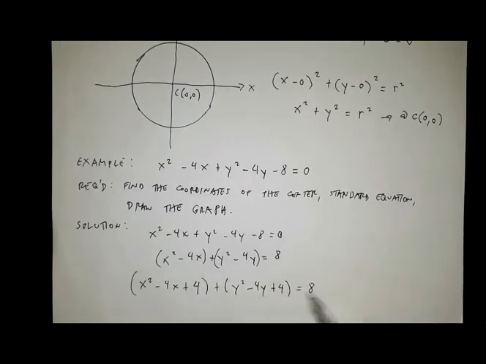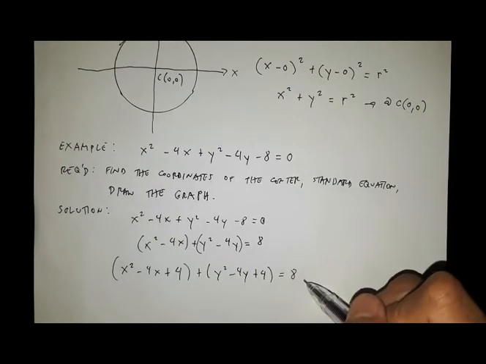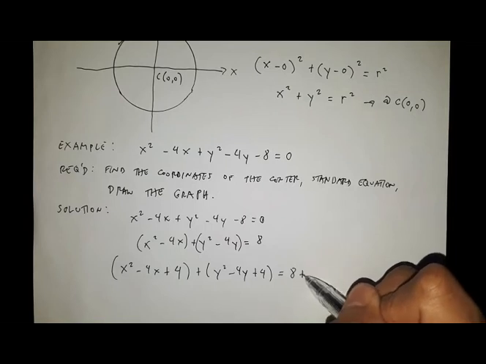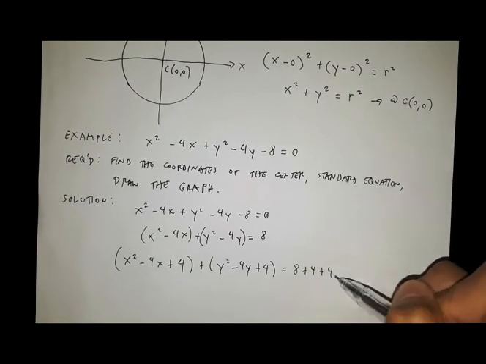So what you did on the left side of the equation, you also apply on the right side of the equation to make the equation balance. So 8 plus 4 plus 4.